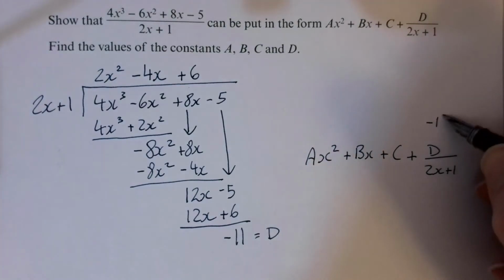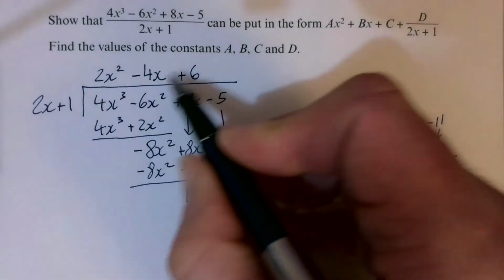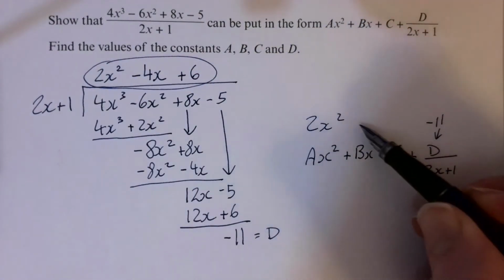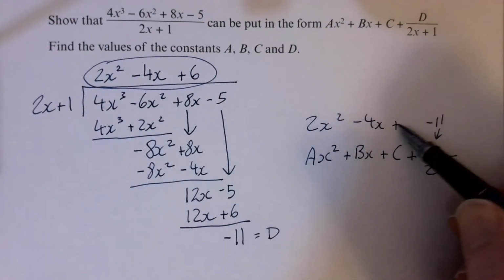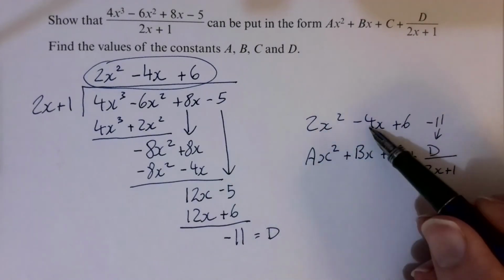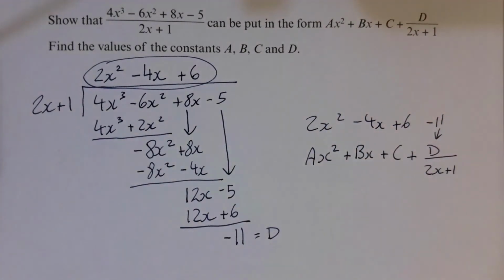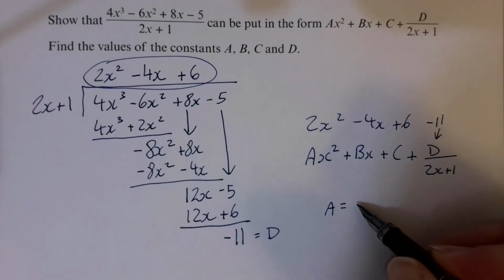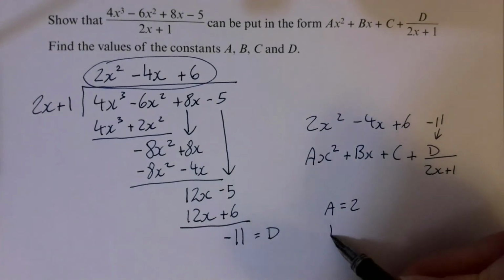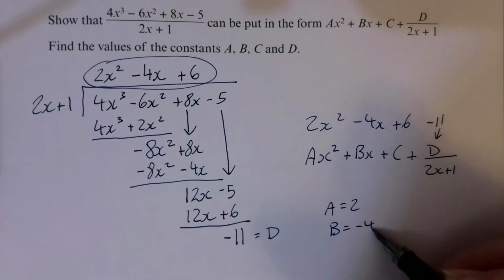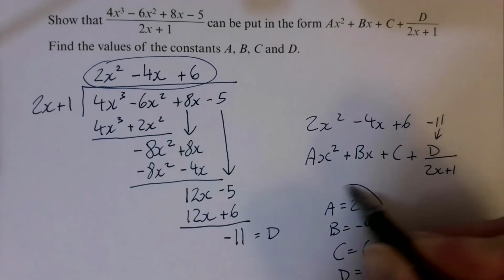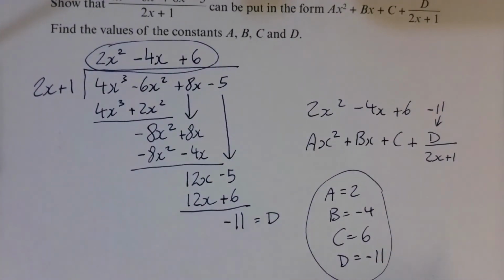Our negative 11 is our d, and if I take all of these, 2x squared, take 4x and plus 6, they have found all of our coefficients there nicely for us. So we can say a equals 2, b equals negative 4, c equals 6, and d equals negative 11. And that's that one solved.